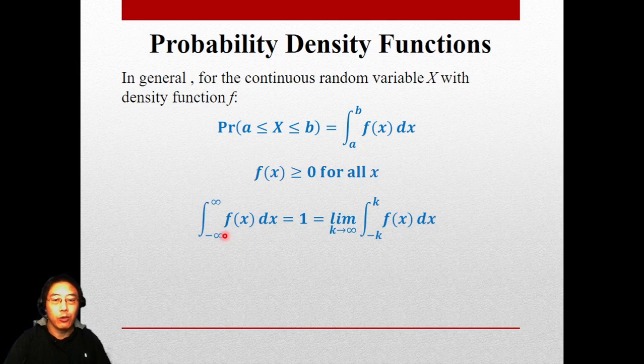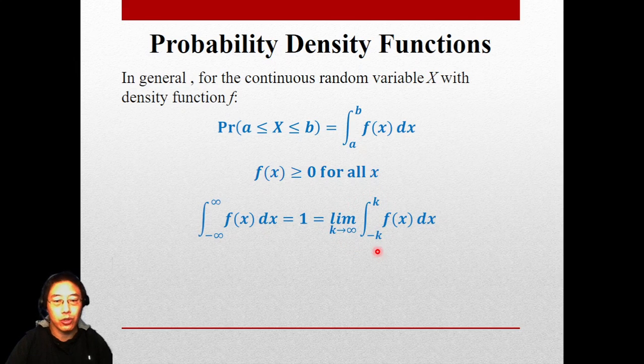Also, the integral across the whole domain from negative infinity to positive infinity has to be 100% or 1. If you can't calculate the integral because the boundaries are infinite, you can use limit notation to estimate the overall integral.